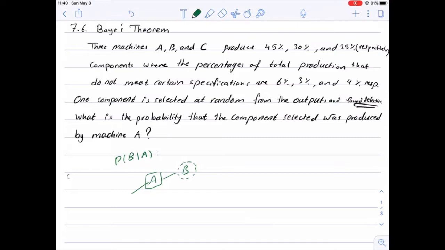This is called conditional probability. So conditional probability asks about the final outcome, or the outcome of the second stage, if the prior outcomes in the previous stages are known.